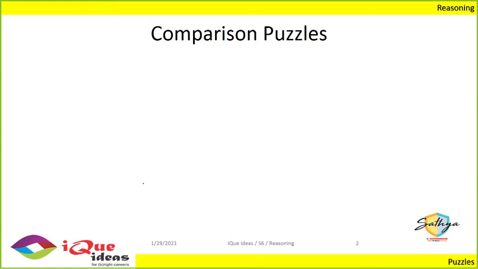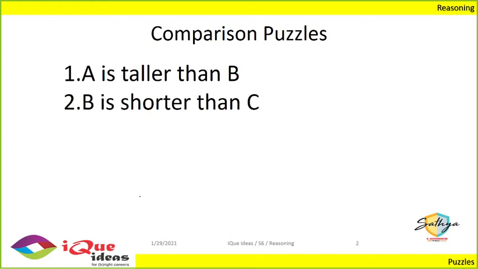Well, let me give you 2 data points. One, I tell you that A is taller than B. Second, I tell you that B is shorter than C. Now, based on these 2 bits of information, can you tell me who is the tallest among the 3 of them?